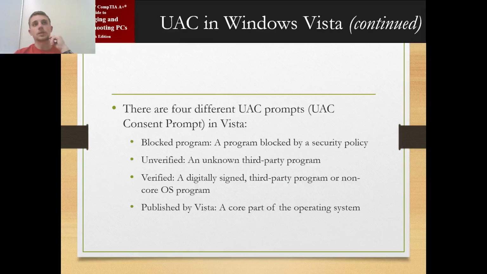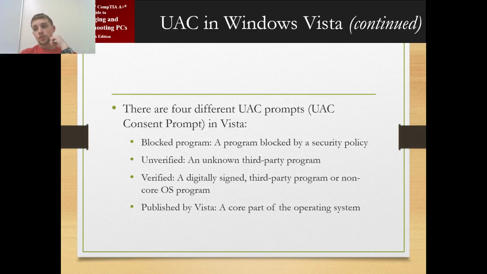So, 4 types of UAC prompts. Block program: if there's a policy in place that specifically blocks that program you attempted to run, it will never run regardless of your privileges on that PC until the policy is changed. Unverified is just an unknown third-party program.